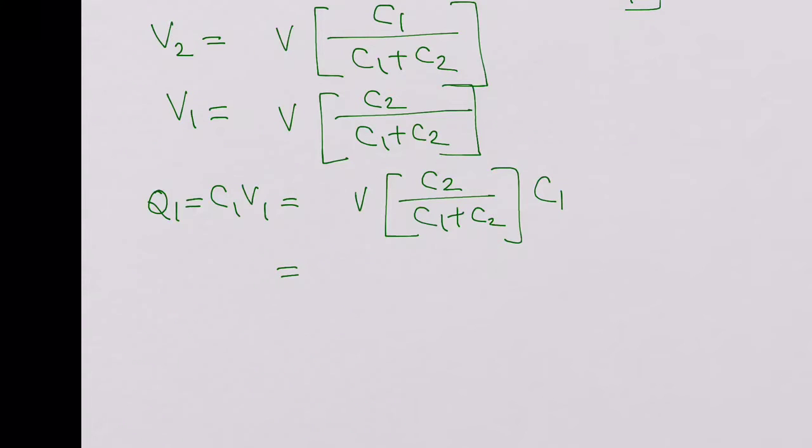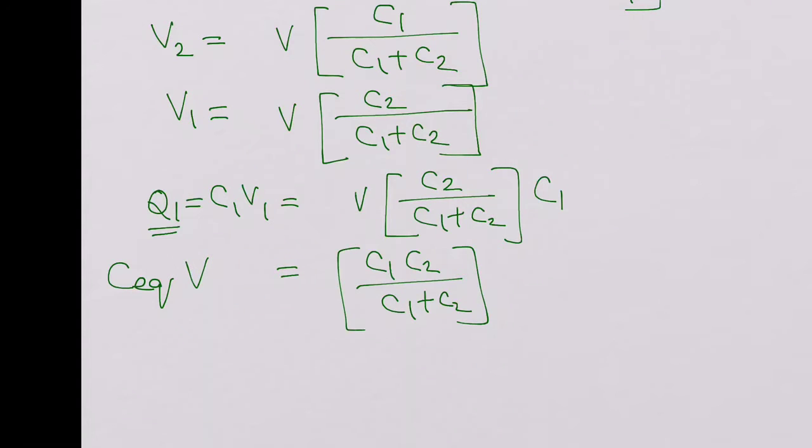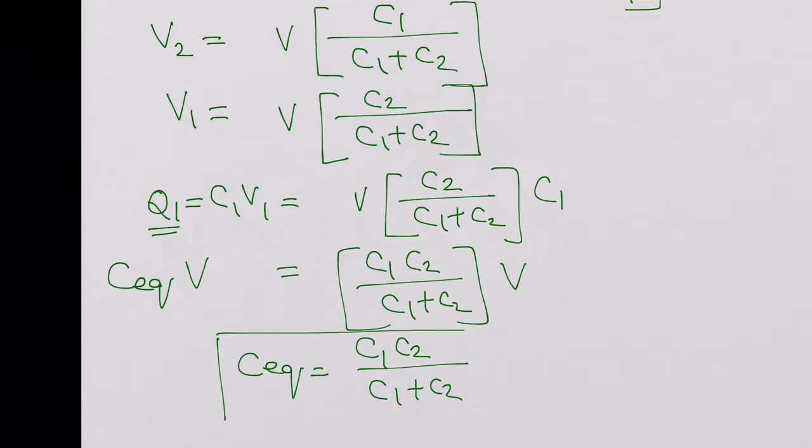That is the total, and Q1 can also be written as C equivalent times V, which is C1 C2 over C1 plus C2 times V. So C equivalent of the series combination is C1 C2 over C1 plus C2. So now if you look at it, when you connect two capacitors in series, the equivalent capacitance is smaller than C1 and also smaller than C2.